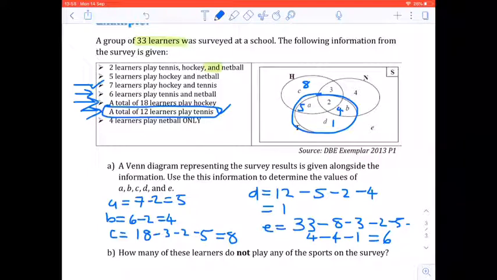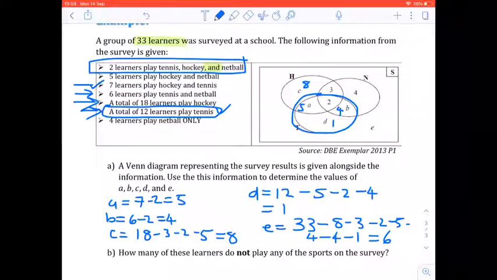Sometimes you might not be given an actual Venn diagram, and you would have to draw this Venn diagram based on the information. But like I said, you would then just work from the inside outwards based on the information given. So the very key piece here, if you weren't given a Venn diagram, is the intersection of all the different events. And perhaps also the piece that sits outside of all the events.